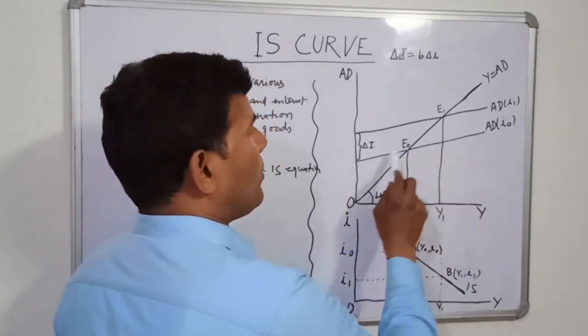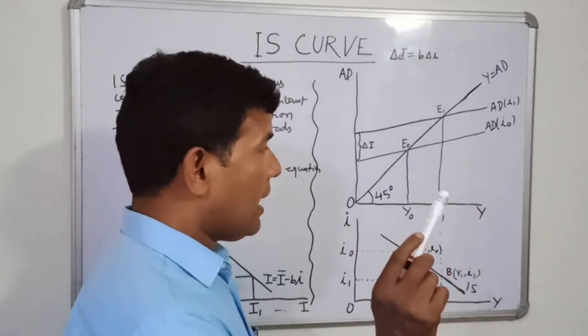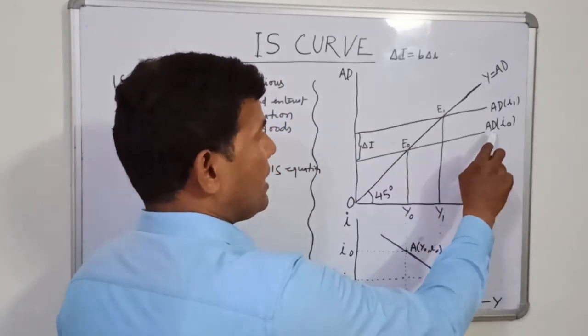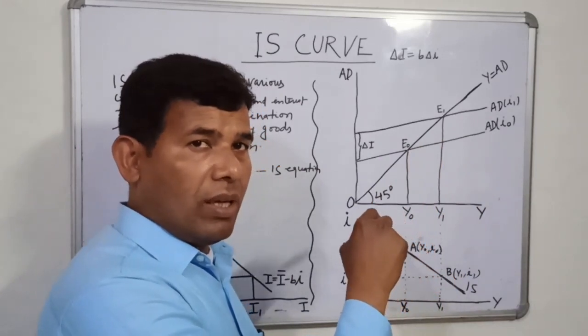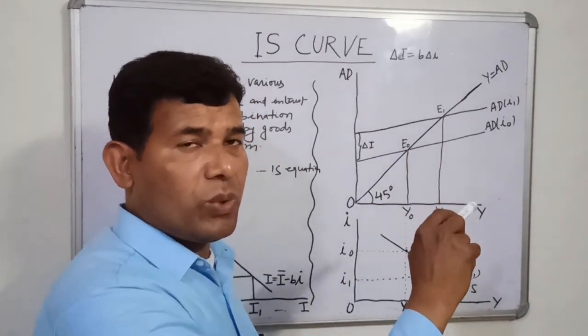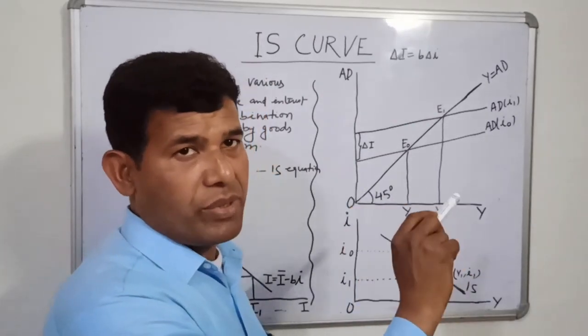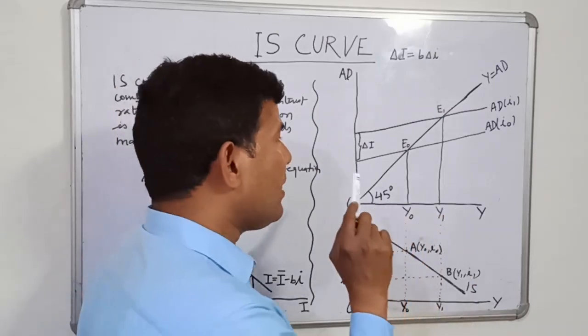Remember, the slope of this aggregate demand line is the slope of the consumption line. In the Keynesian model of income determination, we derive this aggregate demand line by vertically summing up all the lines which correspond to the different components of aggregate demand: consumption, investment, government expenditure and net export.